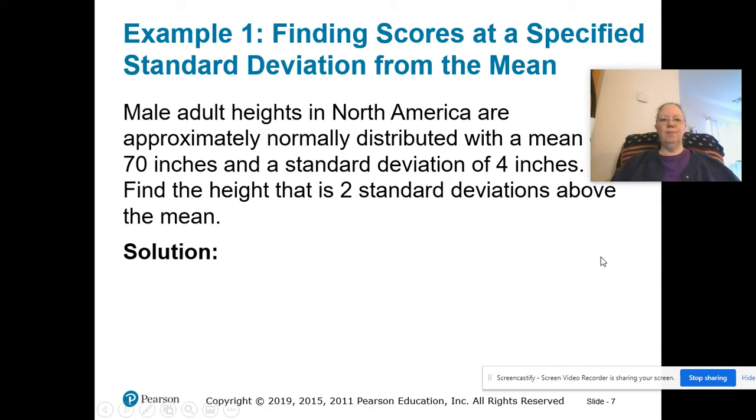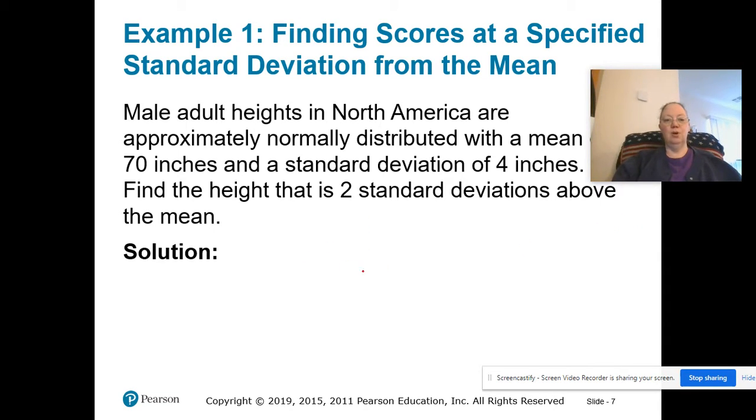Male adult heights in North America are approximately normally distributed with a mean of 70 and a standard deviation of 4. Find the height that is 2 standard deviations above the mean.